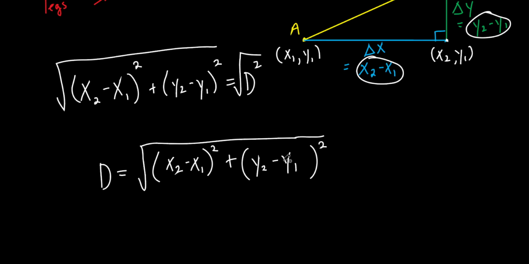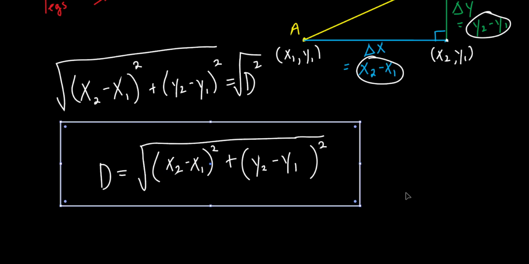This number right here, no matter how you subtract, will always be positive because you're squaring it. Make sense? So this will be positive, you're adding it, so you'll always have a positive number inside the square root. If you happen to do the work and get a negative number inside the square root, you did something wrong. Right? And there it is, right there. That is your distance formula.